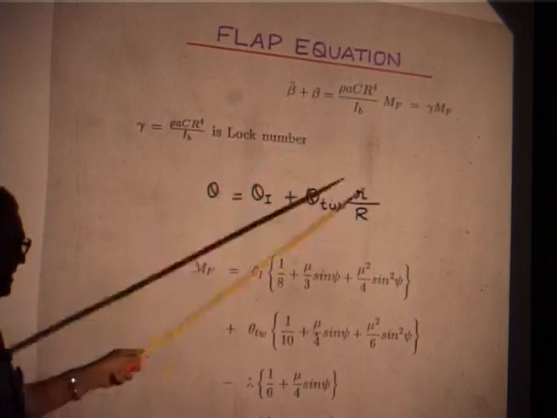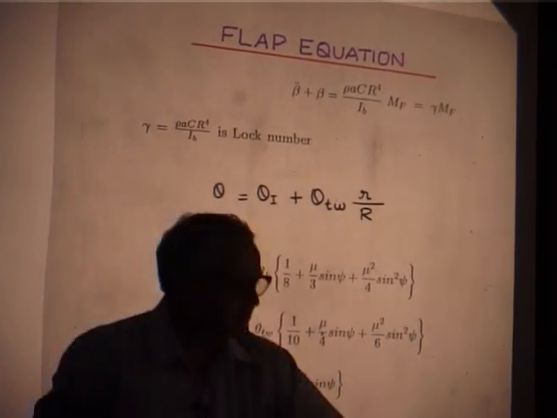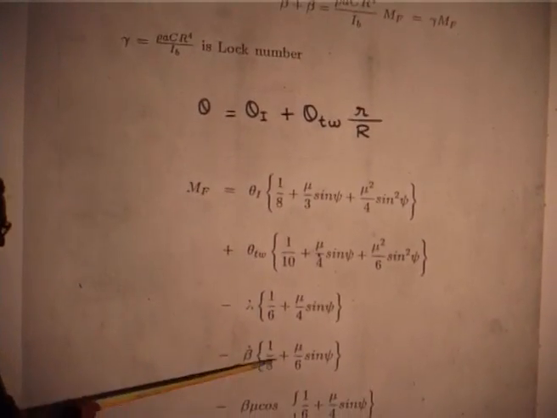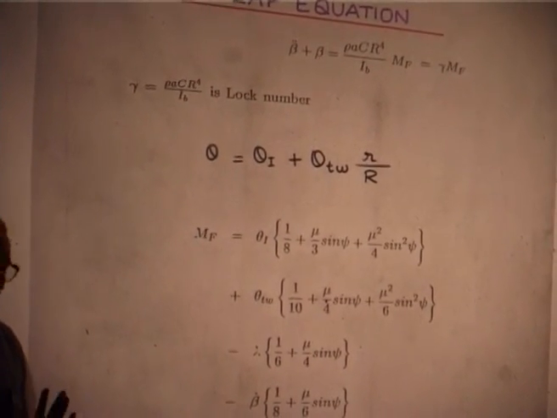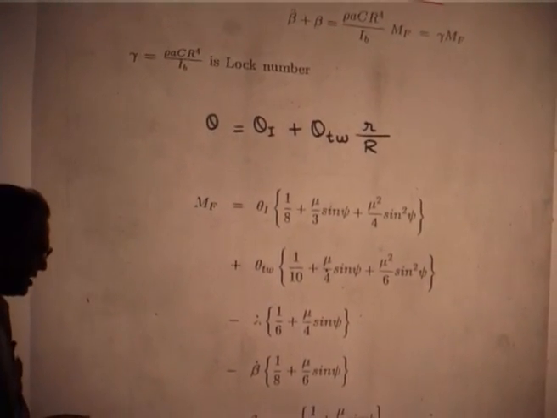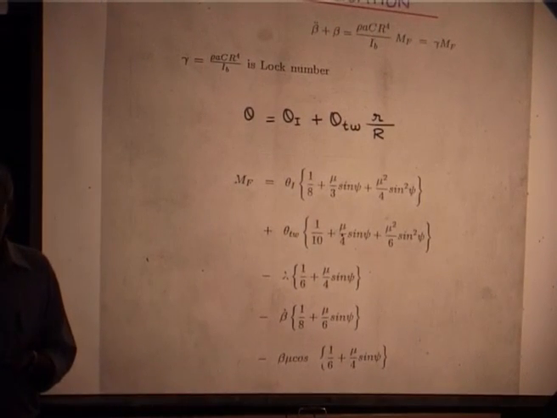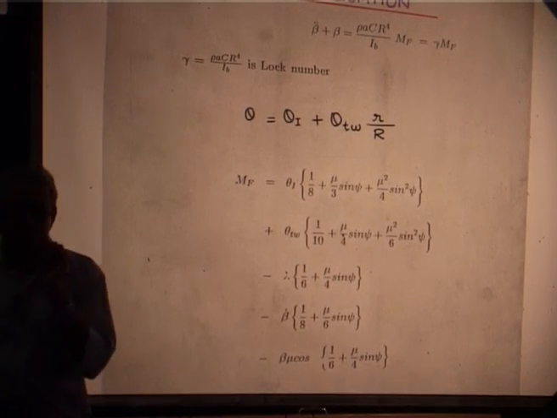The damping term is on the right side, that I can transfer to the left side. Please understand, the damping term which is here can come back here, but in forward flight you also have an additional stiffness term.